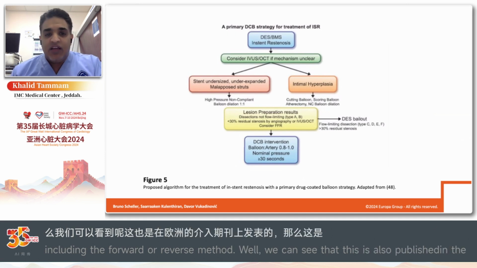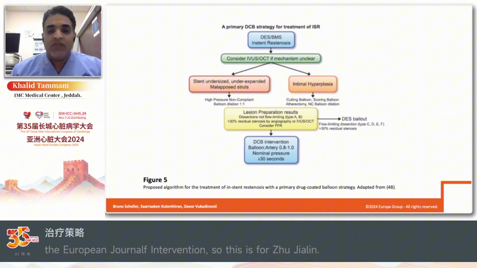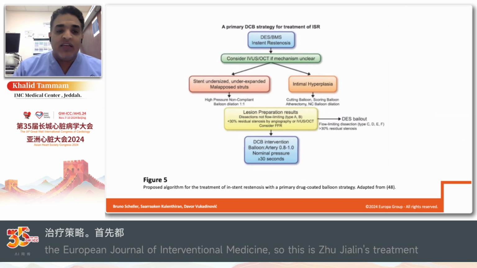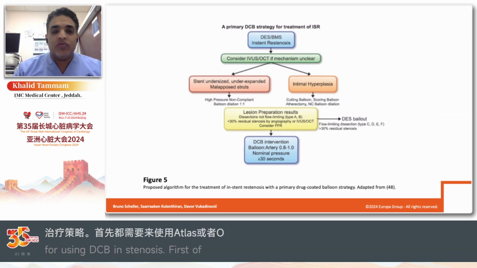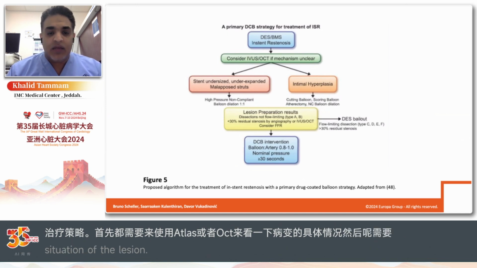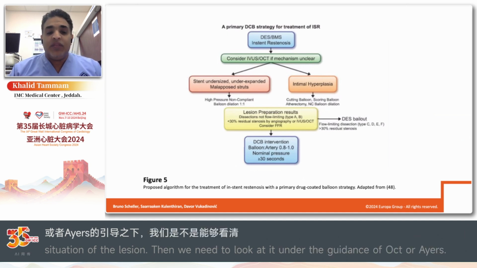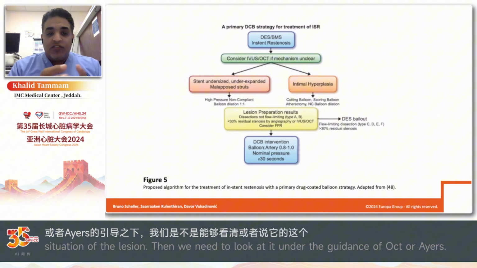Using DCB, if there is in-stent restenosis, consider IVUS or OCT to see the mechanism of stent failure, and then see which one is the failure, and the proper preparation of the artery guided by OCT and IVUS, achieving a residual stenosis of less than 30% and DCB implantation for 1 minute. This is a strategy for in-stent restenosis.